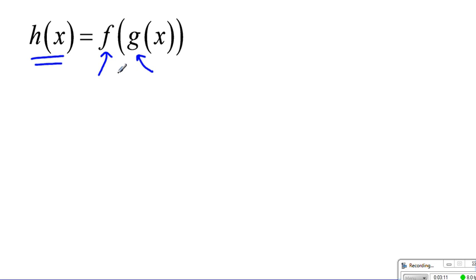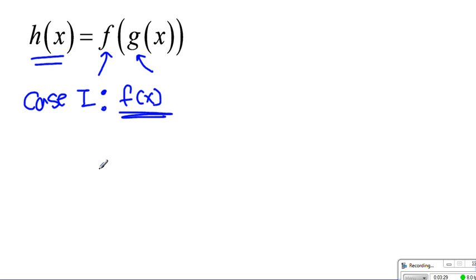Now, as an example, what if I were to give you something like this? Case number 1 would be finding out f of x. Let me give you one simple example. Let us say h of x is equal to 2x.